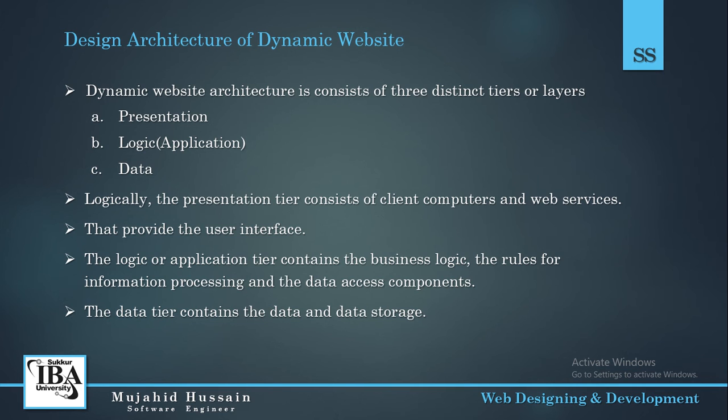The data tier contains the data and data storage. So these are the different tiers: presentation, logic or application, and then data. Presentation is the things which we see on the website. The application is where we apply rules or logic, and data access happens in the logic or application layer, and the data is stored in the data tier or data storage.